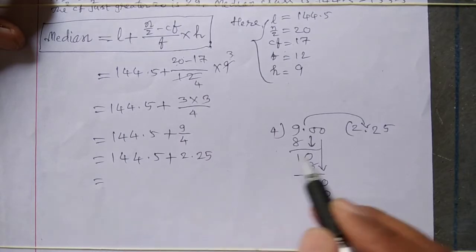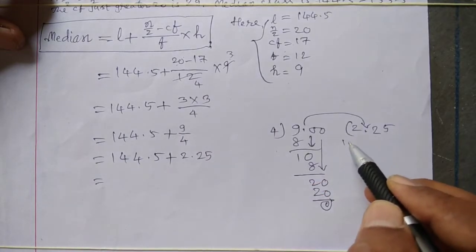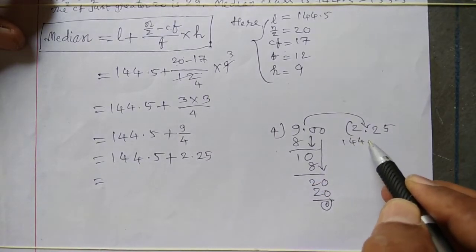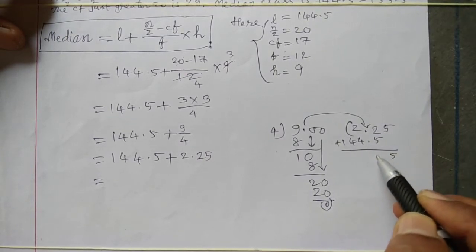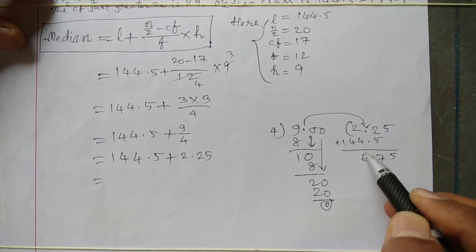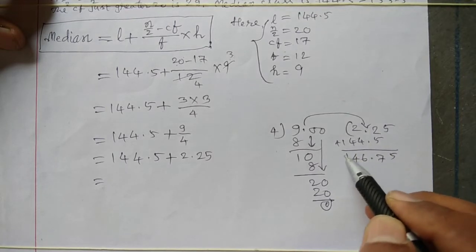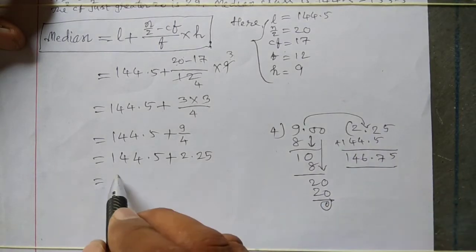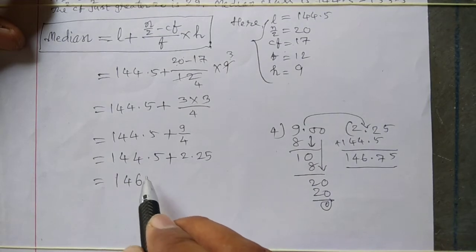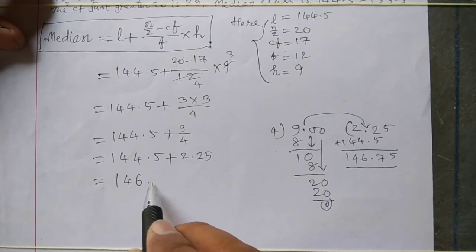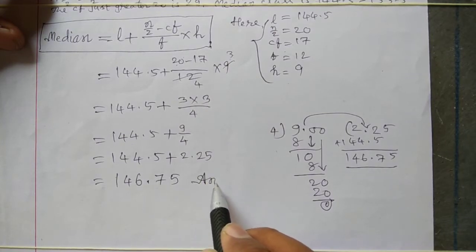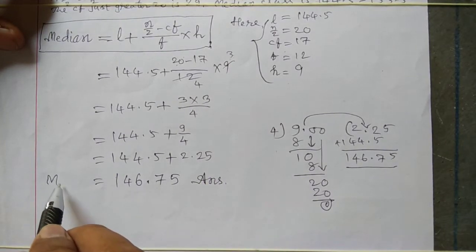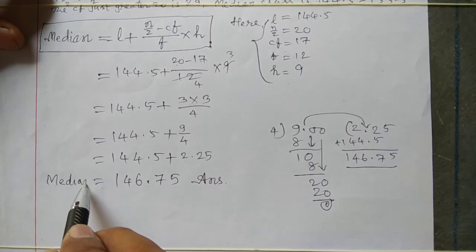Therefore we have to add 2.25 to 144.5, which gives 146.75. This is the answer. What answer? The median.